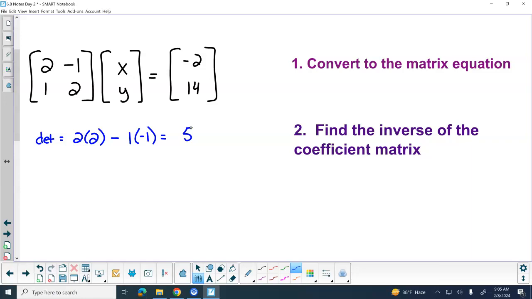So then what is the inverse matrix? Starts with a fraction. 1 over 5. Love it. Now, do you want to go left to right, top to bottom, or do you want to go switches and negatives? Left to right? Okay, so give it to me. 2, 1, negative 1, 2. Love it. Yep.